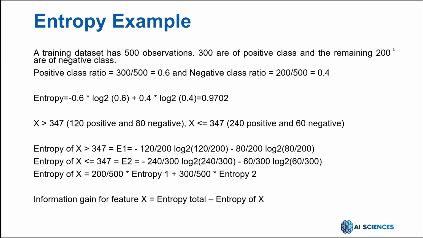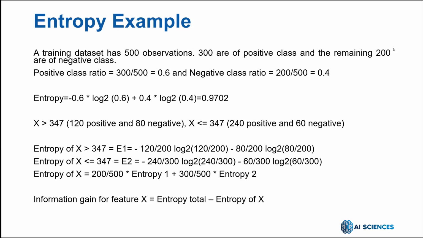Entropy of X less than or equal to 347 equals E2 equals negative 240 divided by 300 log 2 240 divided by 300 minus 60 divided by 300 log 2 60 divided by 300. Entropy of X equals 200 divided by 500 times entropy 1 plus 300 divided by 500 times entropy 2. Information gain for feature X equals entropy total minus entropy of X.